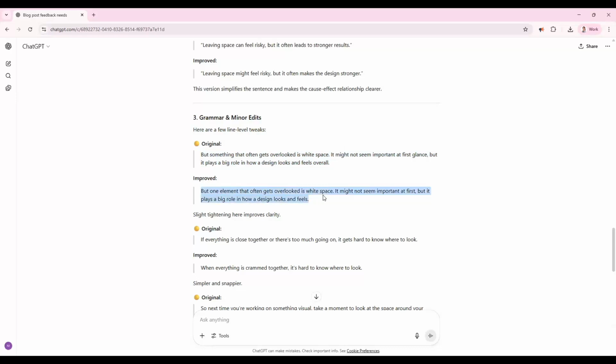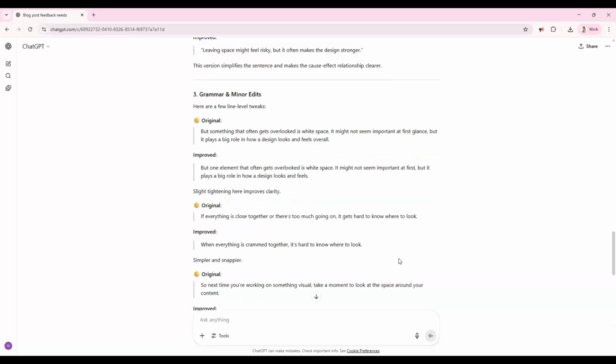So, but one element that often gets overlooked is white space. It might not seem important at first, but it plays a big role in how a design looks and feels. Okay, so that is their suggestion, and I think the flow of the language is better, and I think it is a nicer suggestion.